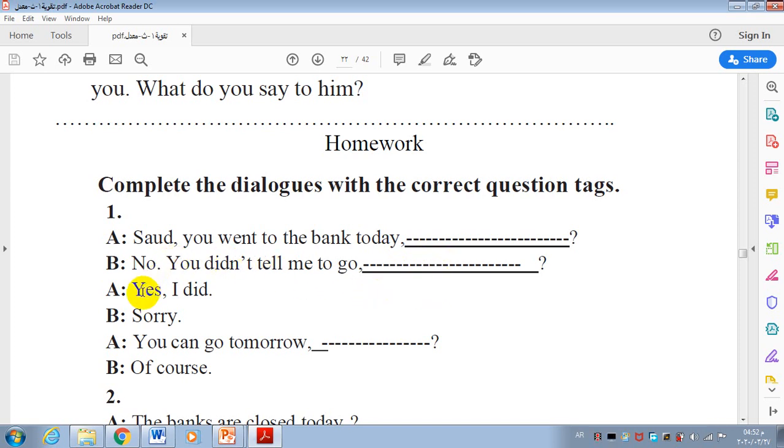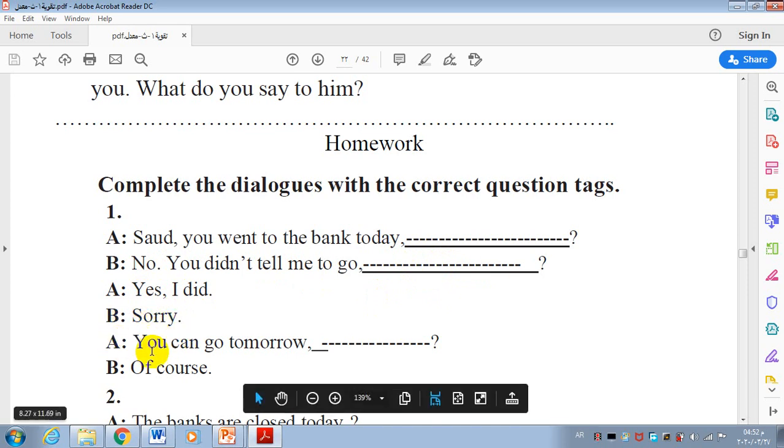He replies and says, yes, I did. B. Sorry. A. You can go tomorrow. We want a question tag here too. B. Of course. Now think and give me the answers for these sentences.